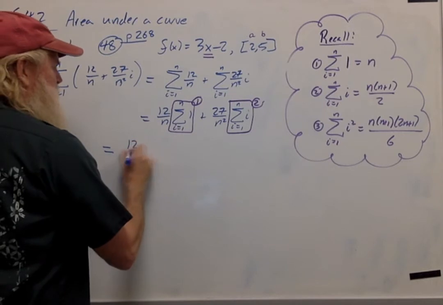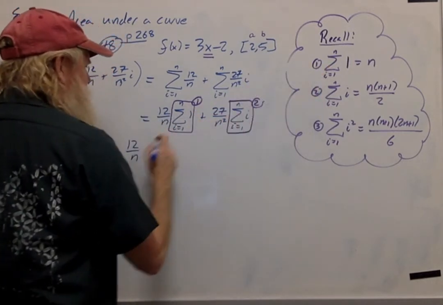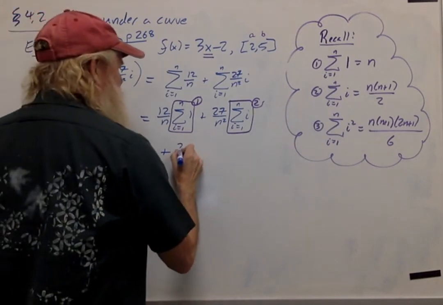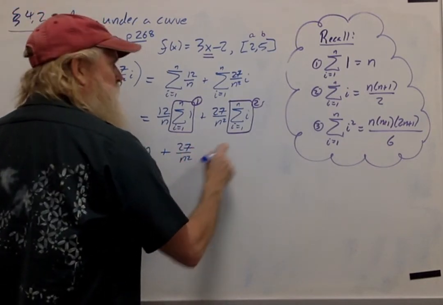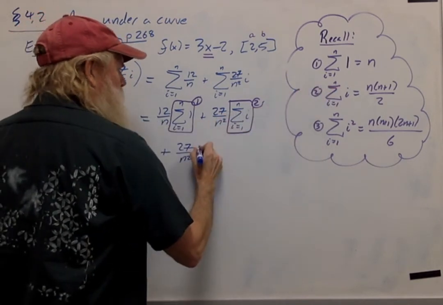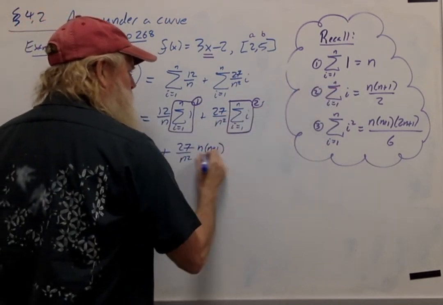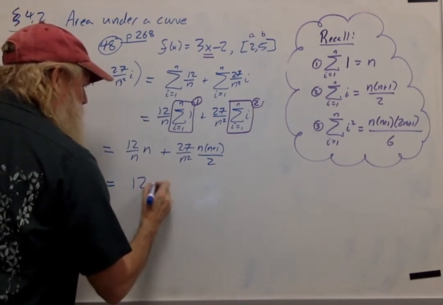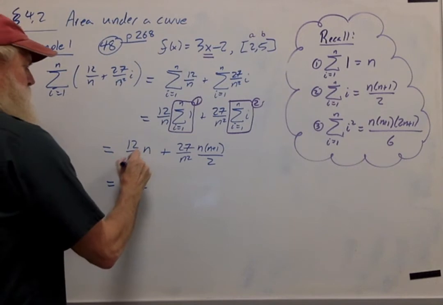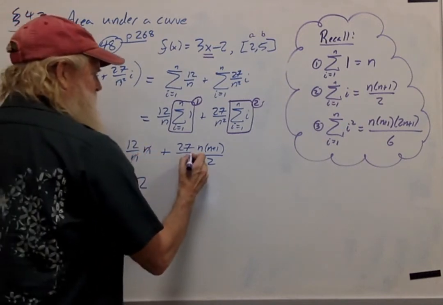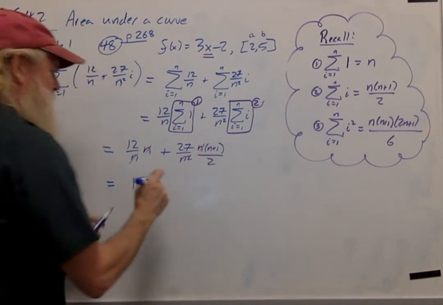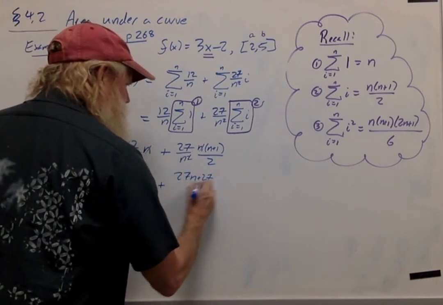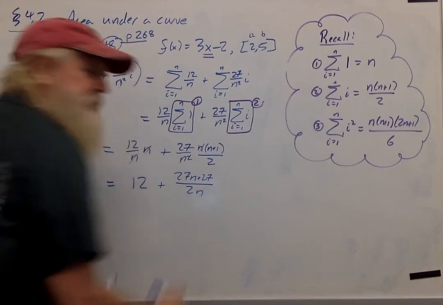I'll have 12 over n times the sum of 1, which is n, plus 27 over n squared times the sum of i, which is n times n plus 1 over 2. Well, I'll simplify a little bit, but we don't have to go crazy. In the first one, the n's cancel. In the second term, I can cancel an n, which will give me 12 plus 27 times n plus 1 over 2n.